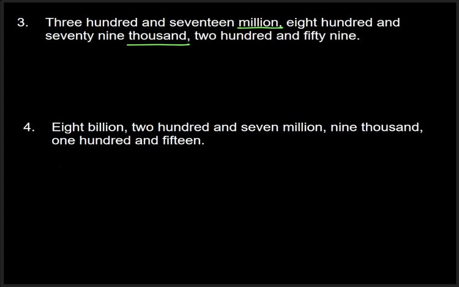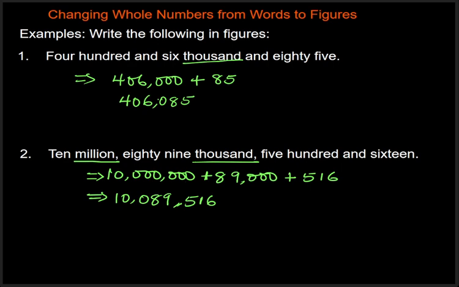Now, in this method, what you do is to make sure that all your families contain 3 digits. For example, going back here, you see that the only family that may not contain 3 digits is the first one. When we are doing grouping, we group from the last digit.